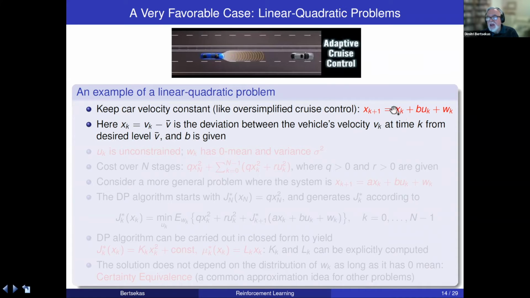We want to keep this x_k small, the current velocity as close as possible to the desired velocity. And we have car controls that can increase or decrease the velocity. And there's also some noise. Could be wind, could be road conditions, could be a number of things.